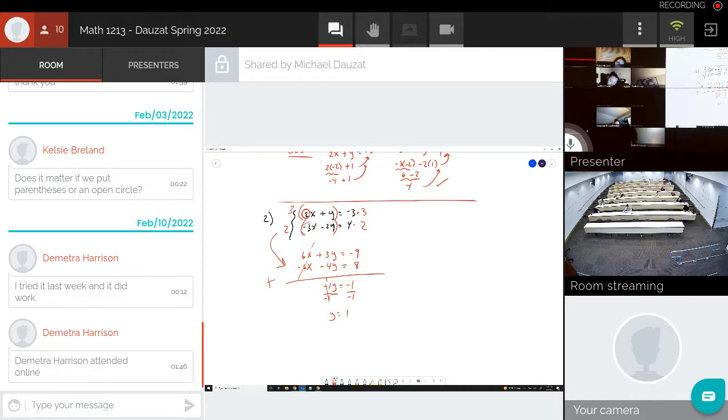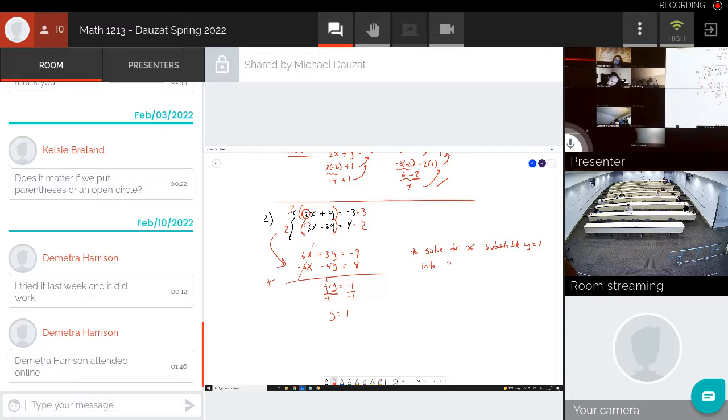And then to solve for x, you go back again to one of those equations and substitute 1 in place of y. So to solve for x, we're going to substitute y equal 1. Which equation do you want to use? It does not matter.